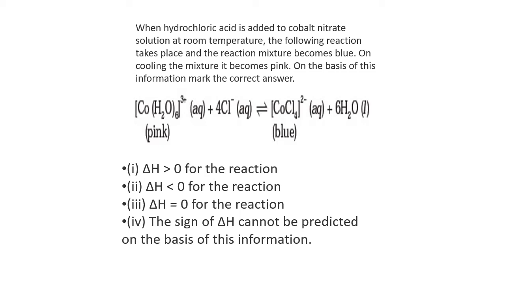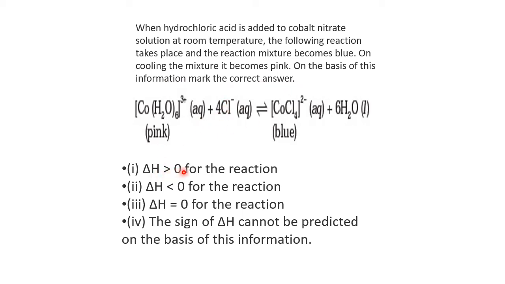When hydrochloric acid is added to cobalt nitrate solution at room temperature, the following reaction takes place and the reaction mixture becomes blue. On cooling the mixture, it becomes pink. On the basis of this information, mark the correct answer. This is the equation.